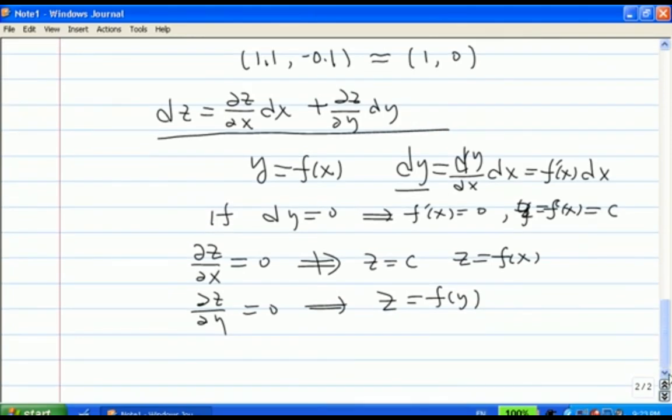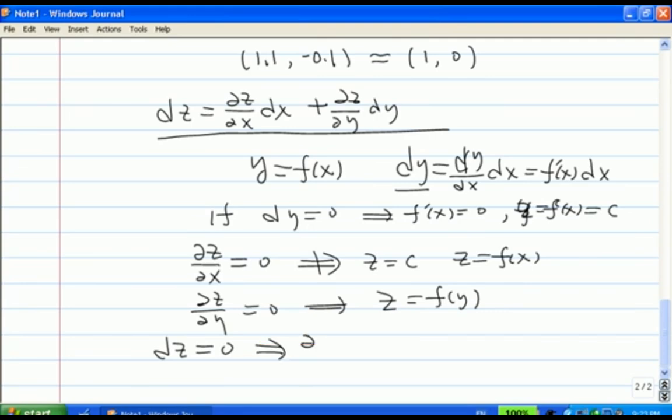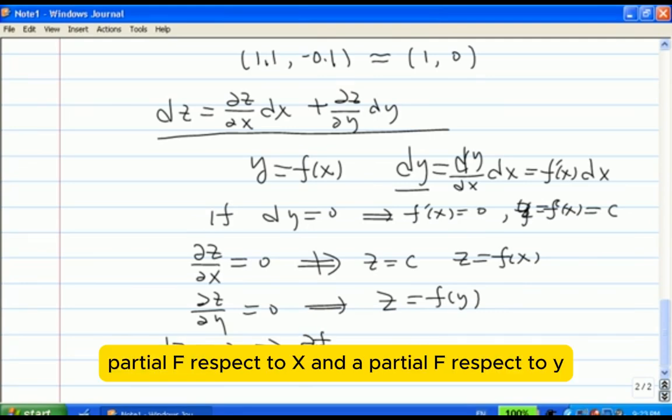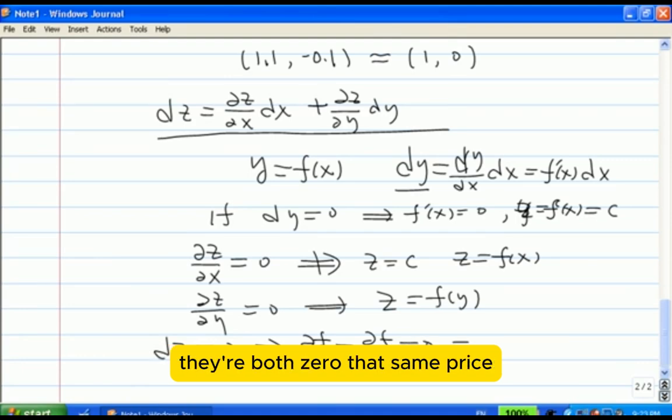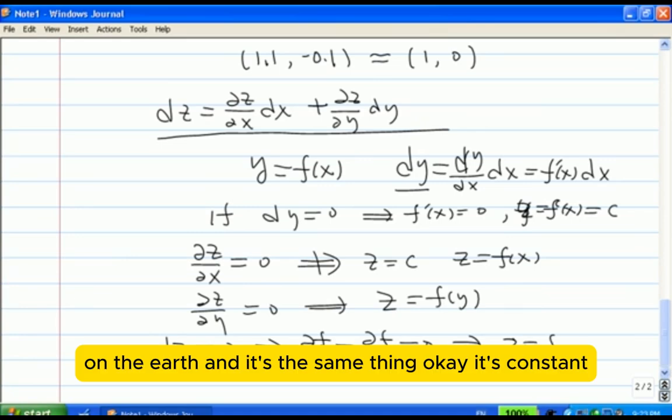Okay. However, if your total differential equal to 0, that implies partial f with respect to x and partial f with respect to y are both 0. That implies f, and z same thing, okay, is constant.